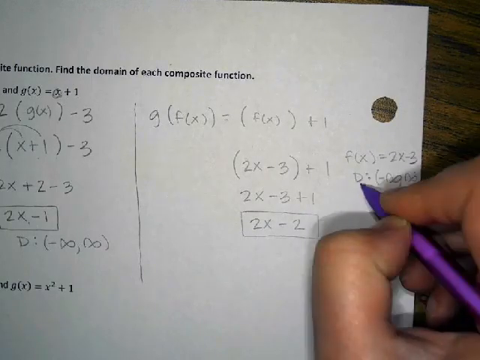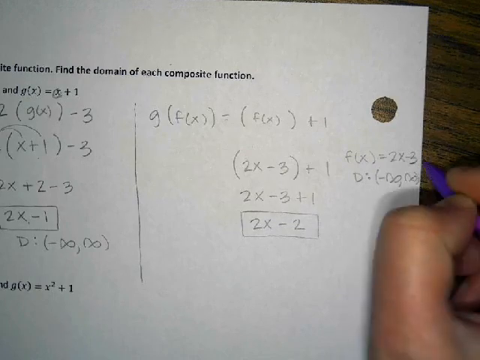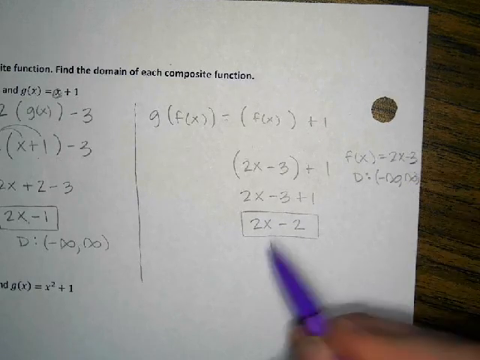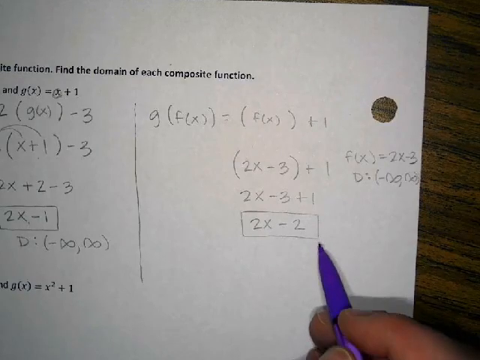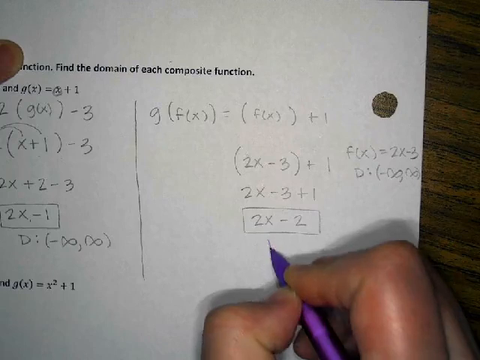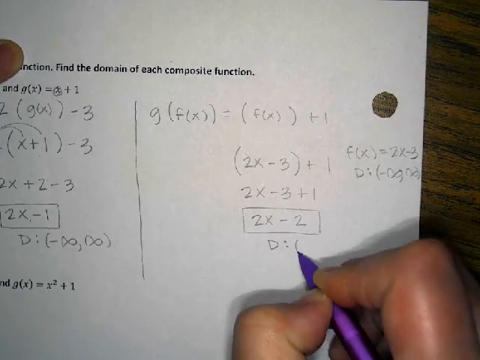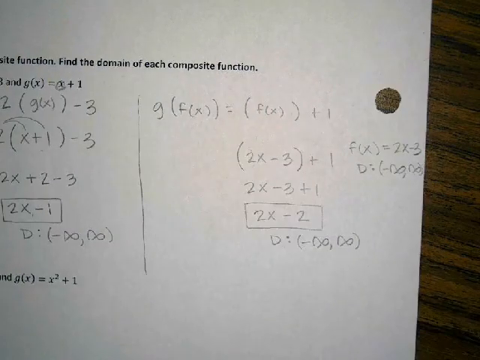When we did our composition, we got 2x minus 2. That's y equals mx plus b again. That's another straight line. Again, our domain is going to stay the same. Negative infinity to positive infinity. It did not make our problem any more limited. We just got another straight line. So sometimes the domain stays really simple. In this case, it did. This was a pretty simple example to start with.